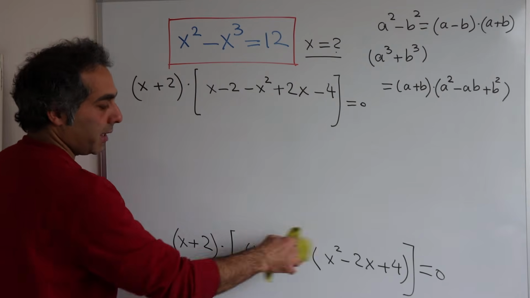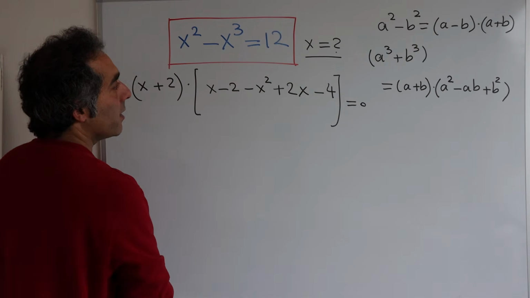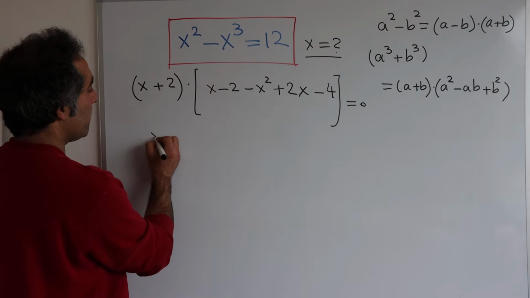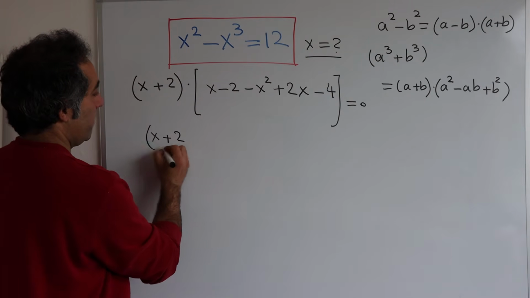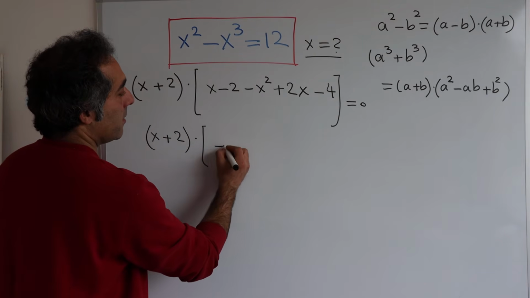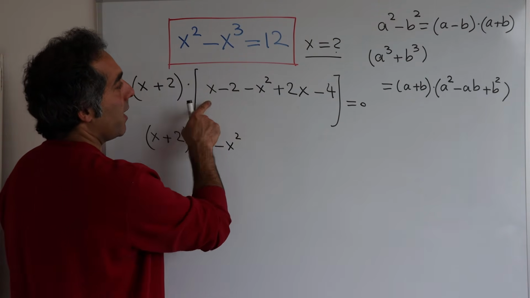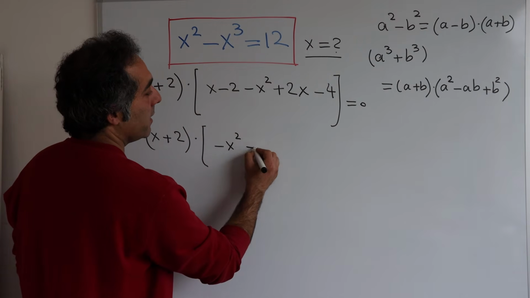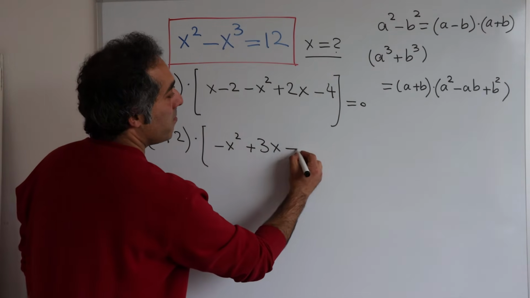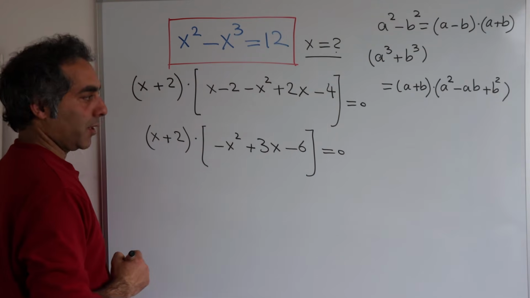Okay, I don't need this expression again, so I go further from here. x plus 2 times minus, I write it in standard form, minus x squared plus 2x plus x is 3x, minus 2 minus 4 is minus 6, equals to 0.